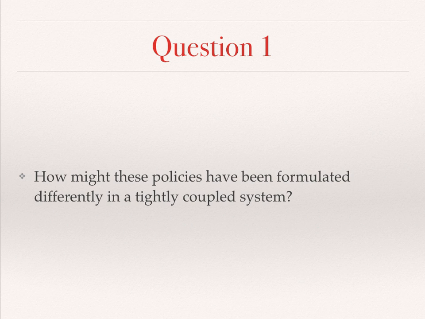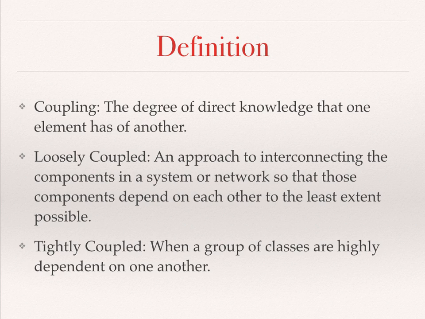I really wanted to understand what a tightly coupled system was, so I did some research, and the definition that I found on dictionary.com was that coupling was basically the degree of direct knowledge that one element has of another, so how they're kind of interconnected, or that connectivity.